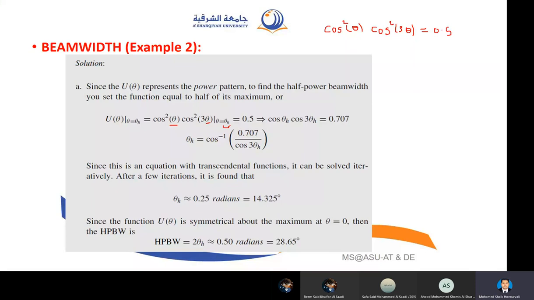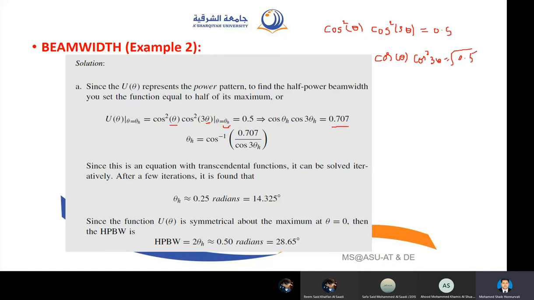However, there is a square here, right? If you send the square to this side, what will it become? Cos theta, cos 3 theta is equal to the square root of 0.5. The square root of 0.5 is around 0.707.